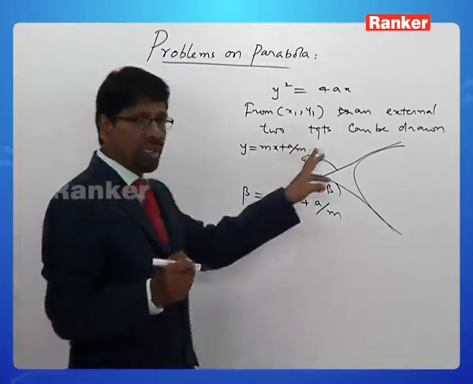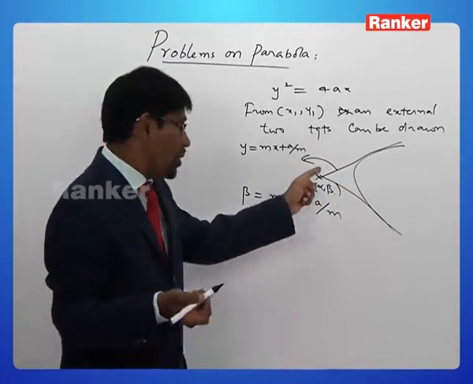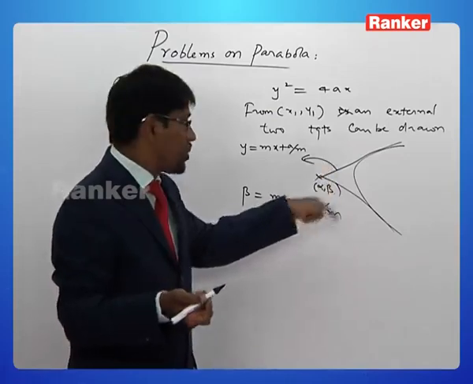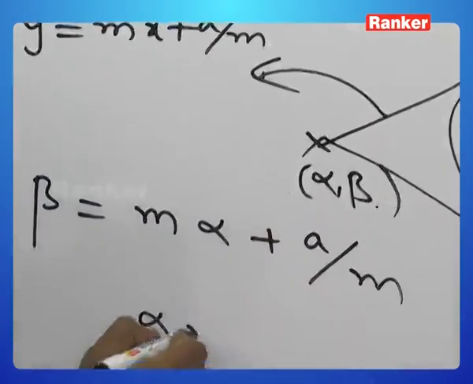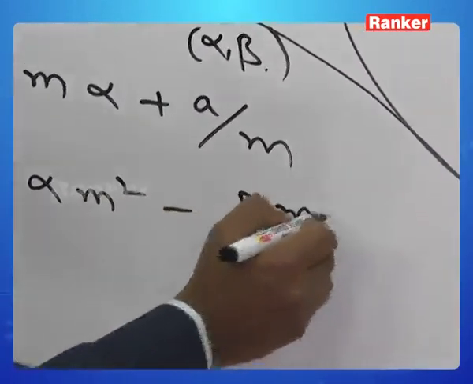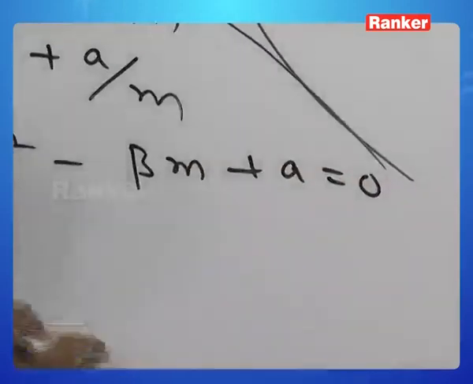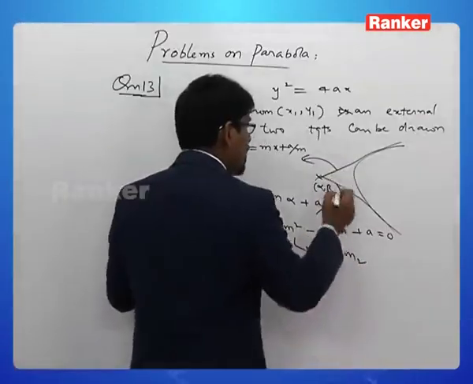So that quadratic in m yields two roots. The two roots are going to be the slopes of the two tangents. So what do we have here? Alpha m square minus beta m plus a is equal to 0.